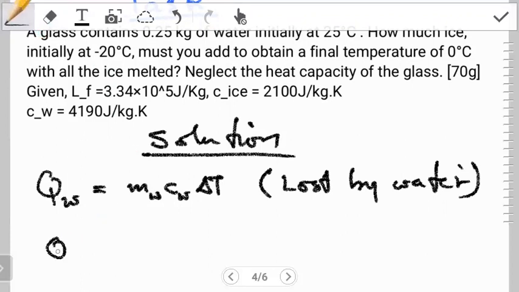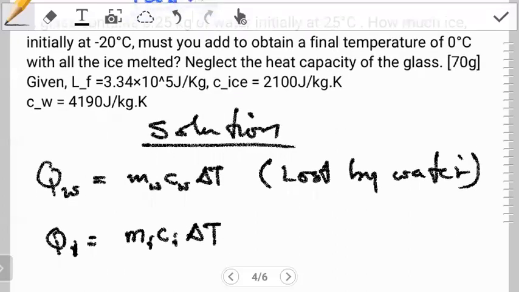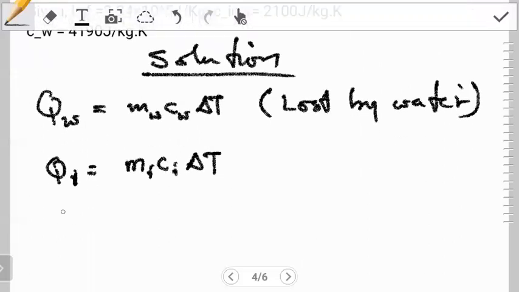I could say this is the first one. This changes the temperature from -20 to 0 degrees Celsius. So this is going to be obtained by the mass of ice, specific heat capacity of ice, multiplying the change in temperature.